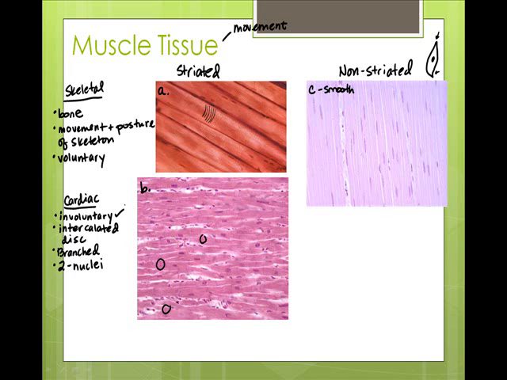Finally, we have smooth muscle. Smooth muscle does not have the dark and light bands, so therefore it doesn't appear to be striped. But what smooth muscle is going to do is allow for slow, long contractions.